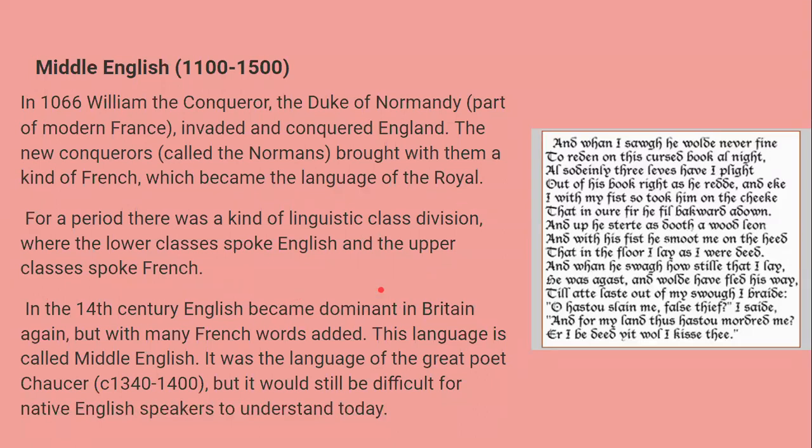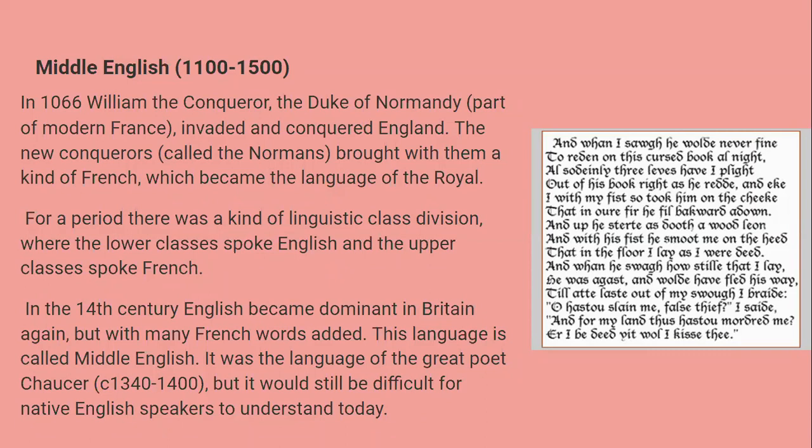He speaks French. So he brought all his people, all the nobles, all the rich people, all the merchants, and they spoke French. So now we have a country where the rich people, the people in power, speak French, where the church is in Latin, and where the regular people, the commoners, the workers, the farmers, speak their English, their Middle English.